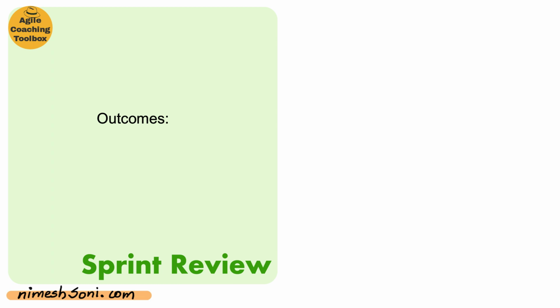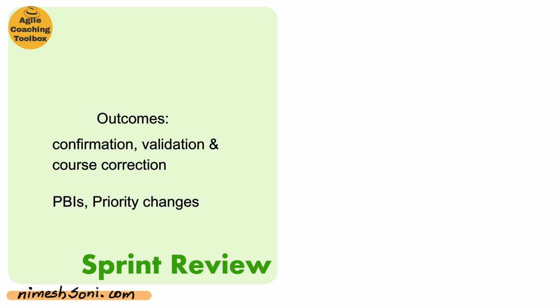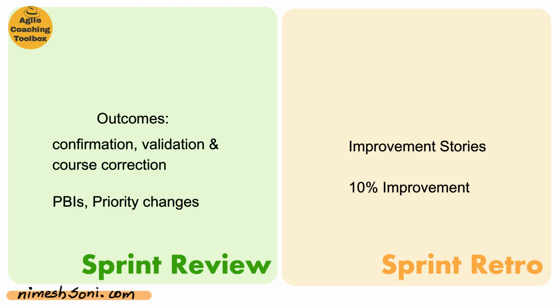The sprint review, one of the outcomes we are looking for is confirmation that we as a team are on the right track. And if not, identify corrective steps so we can get back on the right track. We may also identify additional product backlog items and or change in priorities based on the feedback that we get from the stakeholders. At the sprint retrospective, we are looking for what I call improvement stories. The team should aim for 10% improvement. Small improvements over a period of time make a big difference.